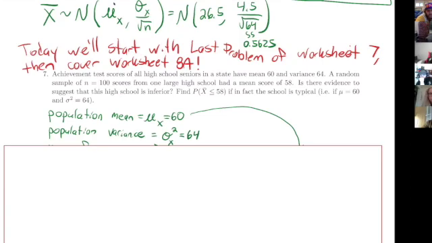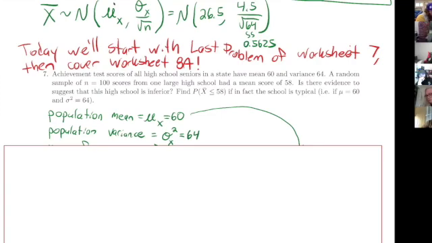For question 7, the idea here is let's say that there's some standardized test, and what they know is that out of all seniors that take this in a state, the mean score on this achievement test is 60. The variance, so the standard deviation squared, is 64. So we want to think about, okay, some school is claiming that they're performing up to average, up to the state average.